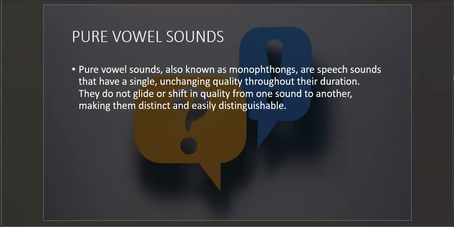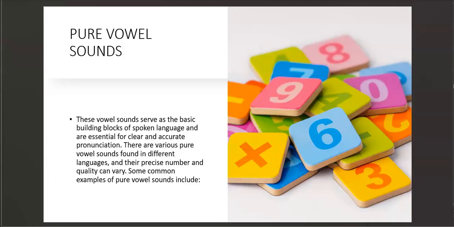Very simple and easy to understand. The monophthongs are the basic building blocks of the spoken language, because they are very important when we want to understand or pronounce words and sounds. We have various sounds found in different languages, and there are very many, and that's what we're going to be learning today. I'll look at examples for us to understand.